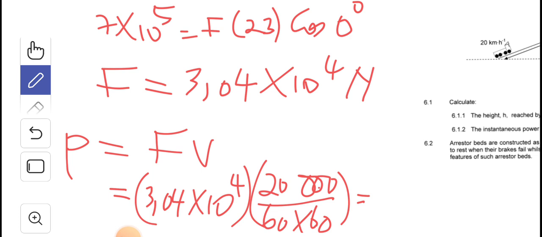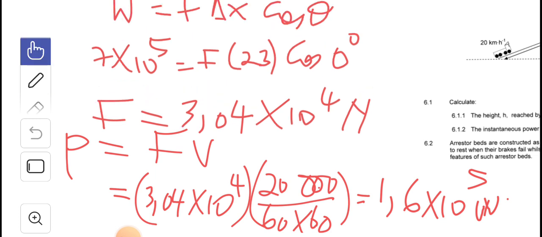As a consequence, this power is 1,6 times 10 to the fifth power watts. So this would be the instantaneous power required, 1,6 times 10 to the fifth power watts.